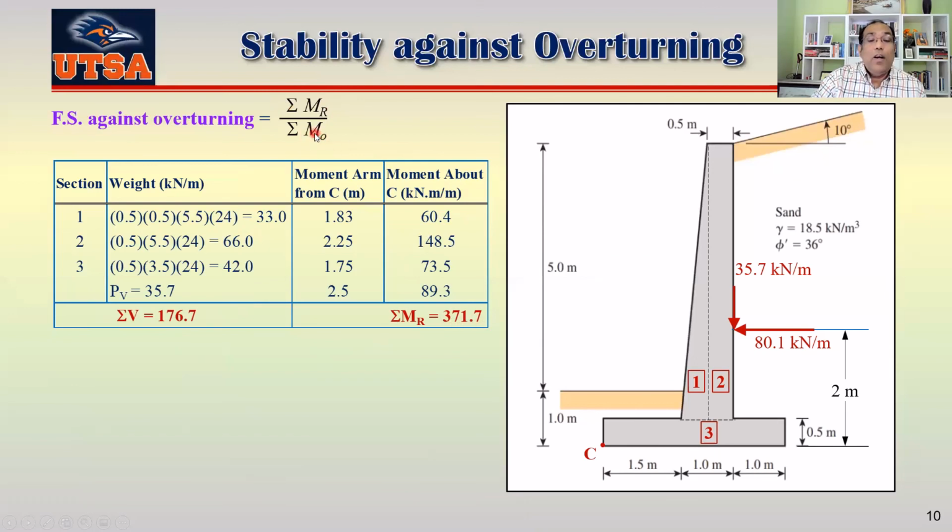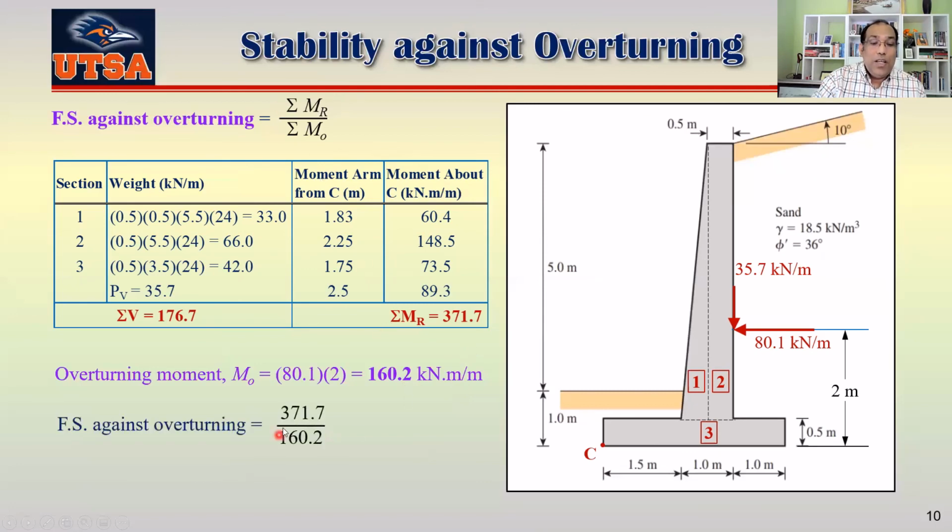We have to find out the overturning moment here, which is nothing but 80.1 multiplied by 2, so 160.2 kilonewton per meter length of the wall. If I plug that value in this equation, which is this divided by this, my factor of safety against overturning is 2.32.